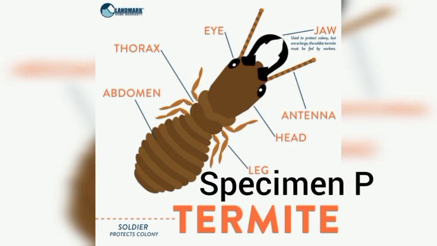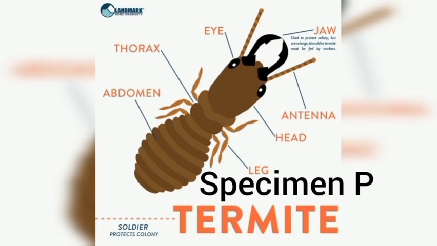They undergo incomplete metamorphosis that proceeds through the egg, nymph, and adult stage. In incomplete metamorphosis, we don't have the larva, we don't have the pupa.